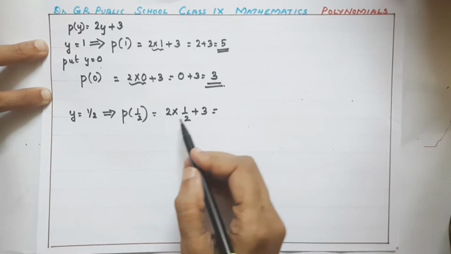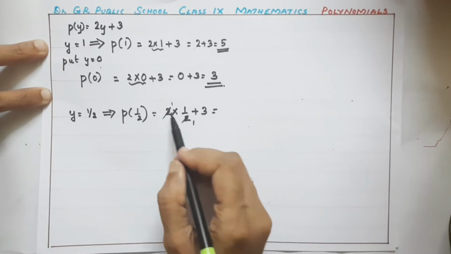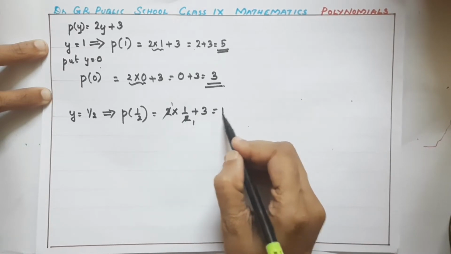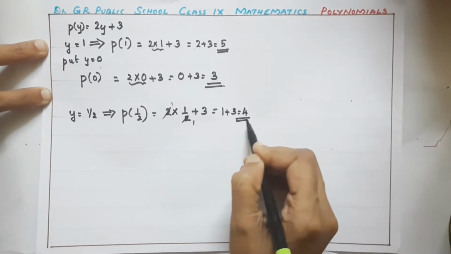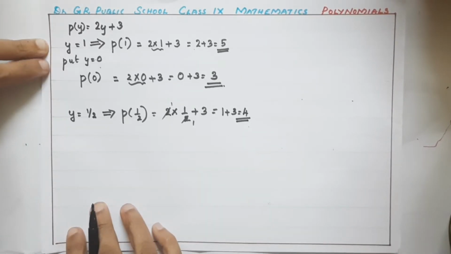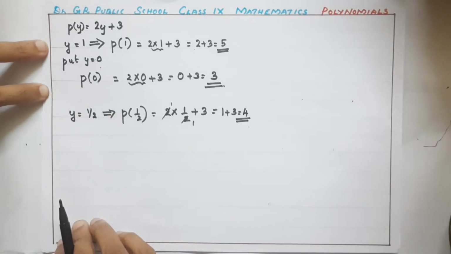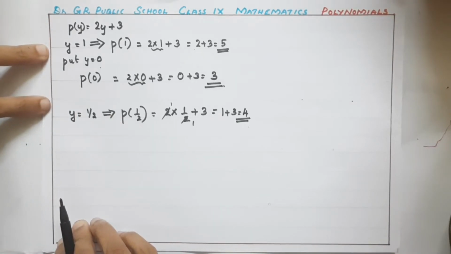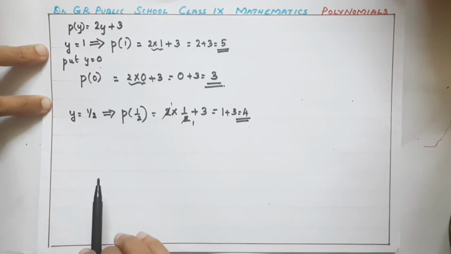So here in the multiplication, we can cancel 2 and 2. So what is remaining? 1 plus 3. What is it? 4. So last year we have studied how to put values for the variable in the polynomial. Any value can be given like this.